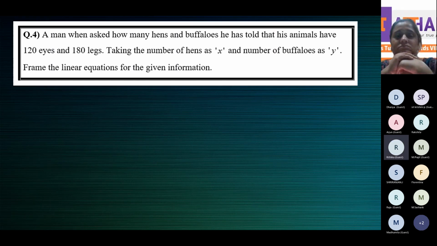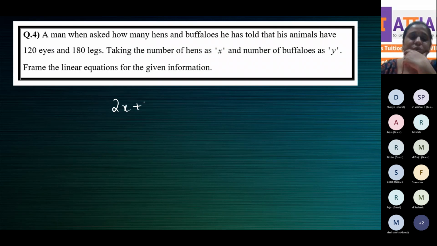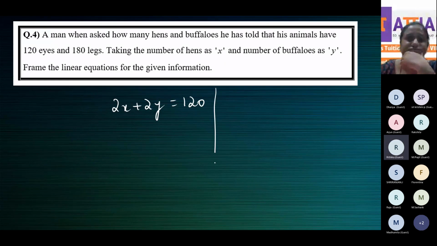Ma'am, I got the first equation as x plus y is equal to 60. No, tell me before you reduce the equations. The first one: 2x plus 2y is equal to 120. Who was this? Ritika, ma'am. Okay, then the next equation. 4x plus 2y is equal to 180.